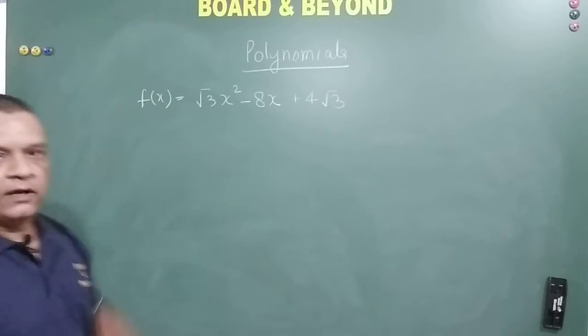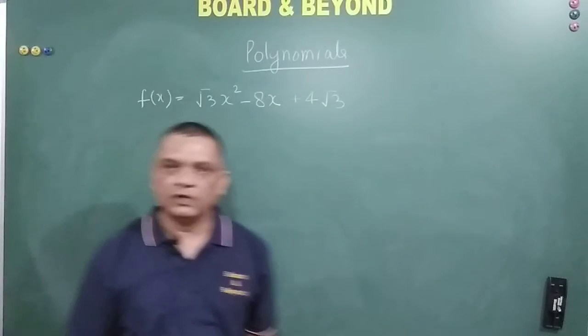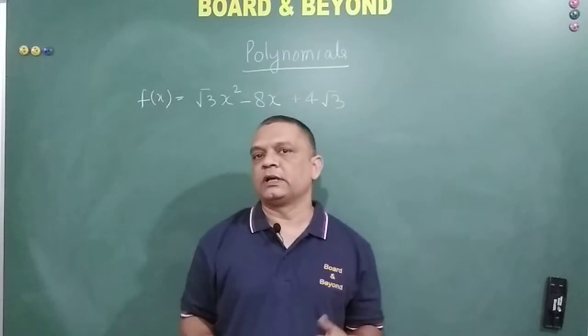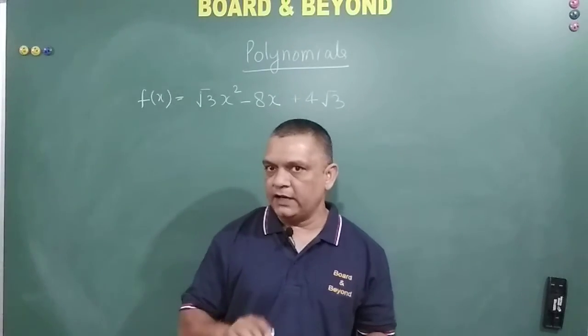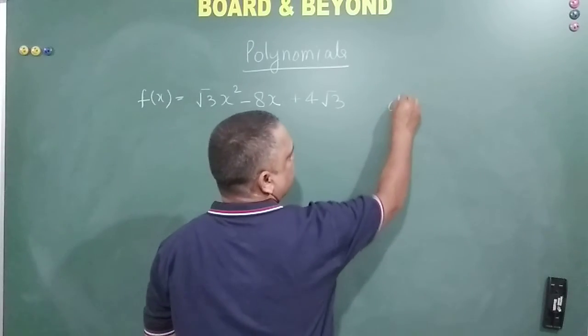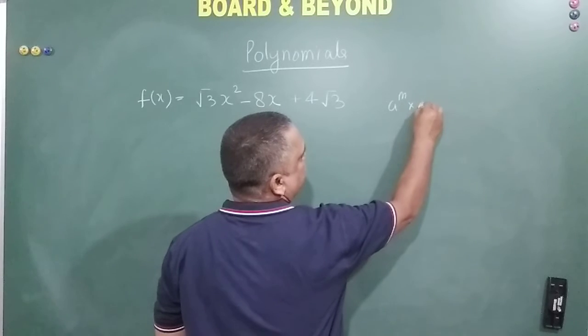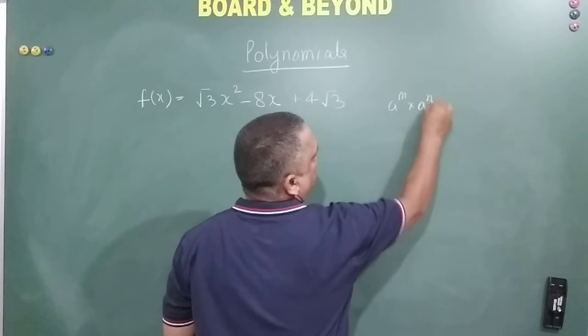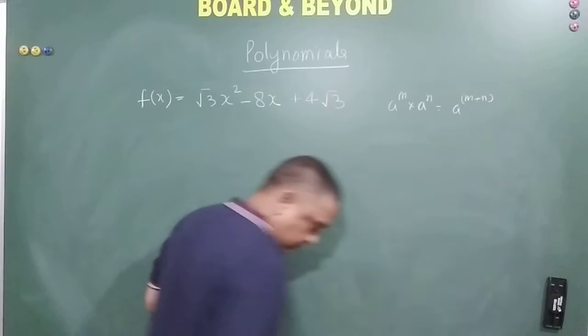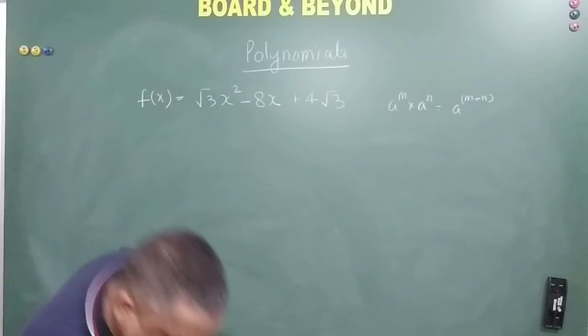Now since we have come into square roots, I hope from the previous classes you know the laws of exponents, that is a raised to power m into a raised to power n is equal to a raised to power m plus n. Do we all remember this, friends?